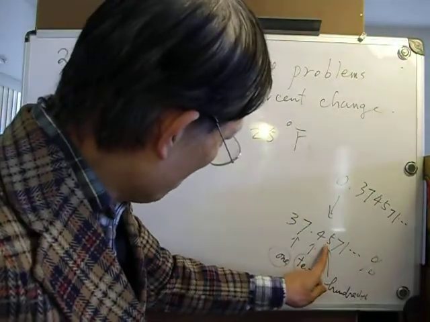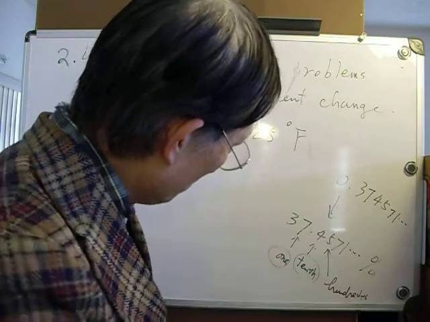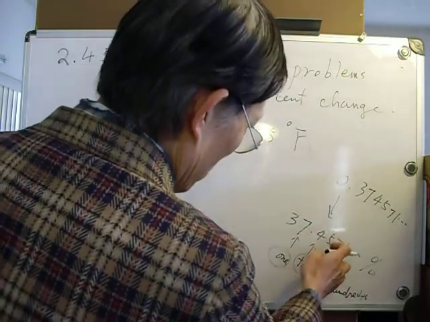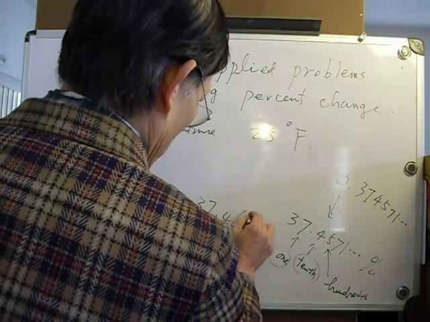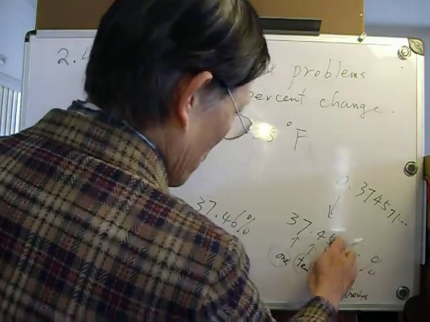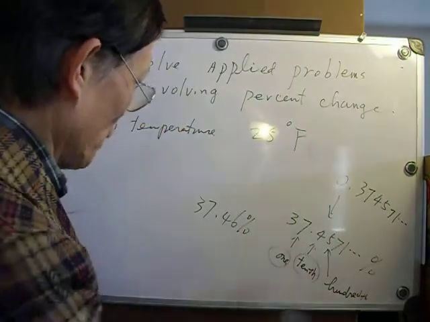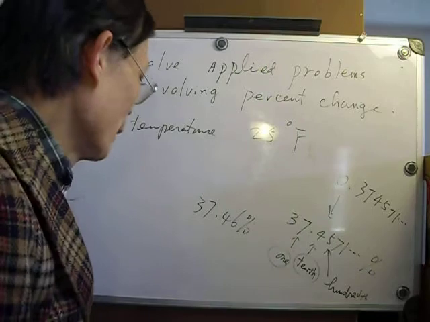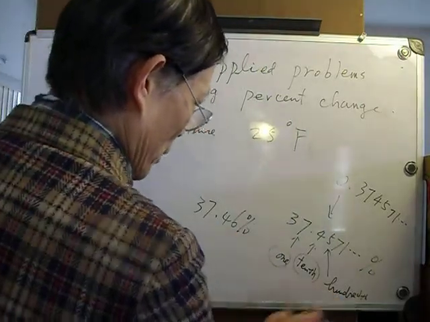For the nearest hundredth, you use the next digit to decide. If that is over 4, you add 1 to this digit, so 37.46%. If this digit is below 5, like 4, 3, 2, 1, 0, you just drop it. This is rounding to the nearest hundredth.